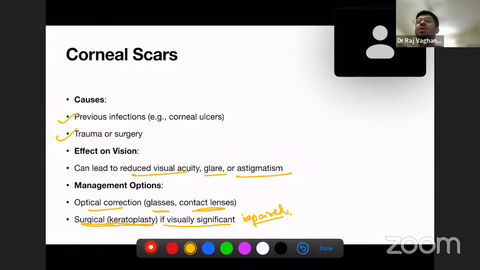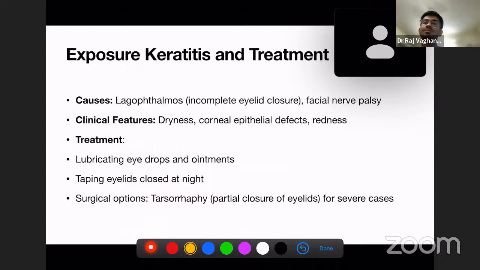Reduced visual acuity means you are not able to see things very clearly. With glare, everything in front of you appears black, then your vision suddenly reappears, and then again everything appears black. You can also develop astigmatism. And management is by glasses, contact lenses, and keratoplasty. So that is corneal scars.